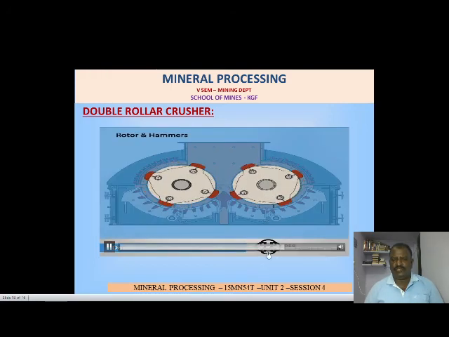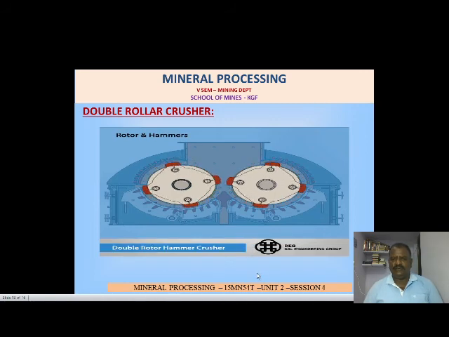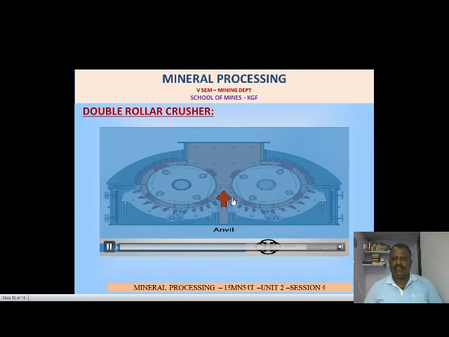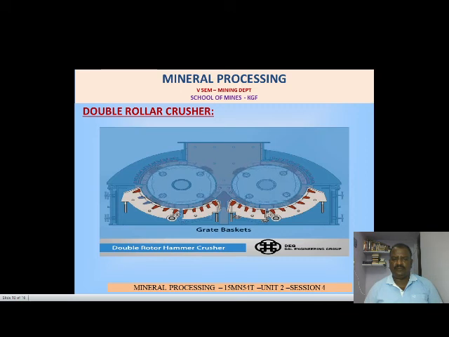You can see the rotation of the two rollers, double rollers, in opposite directions. In the center, the anvil is there. This is the crushing gap. This is the grate basket at the bottom, through which the output of the material will go, the discharge.